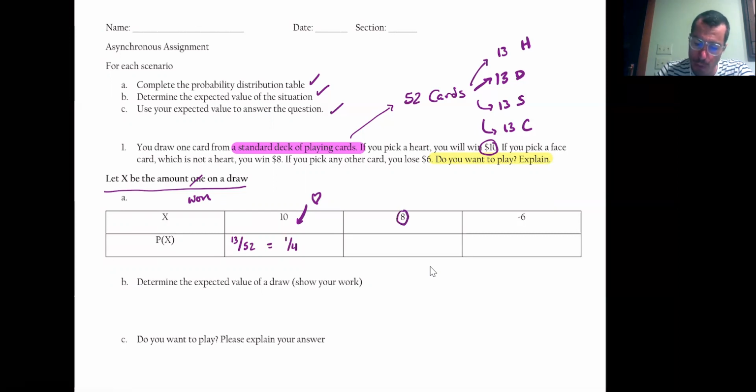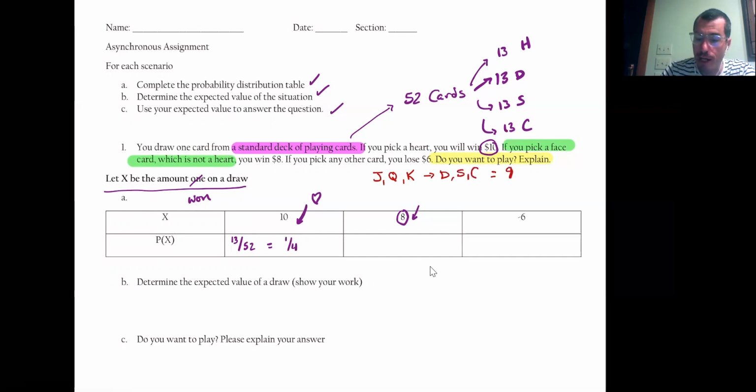What happens in order for me to win $8? I need a face card that is not a heart. So now we have to pay attention. We're looking for a face card which is not a heart: the Jack, Queen, and King of diamonds, spades, and clubs.